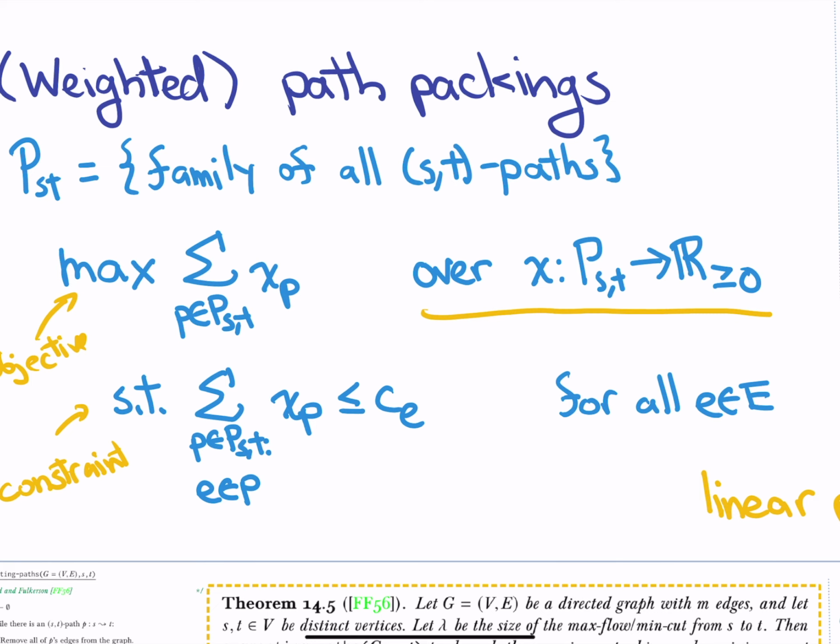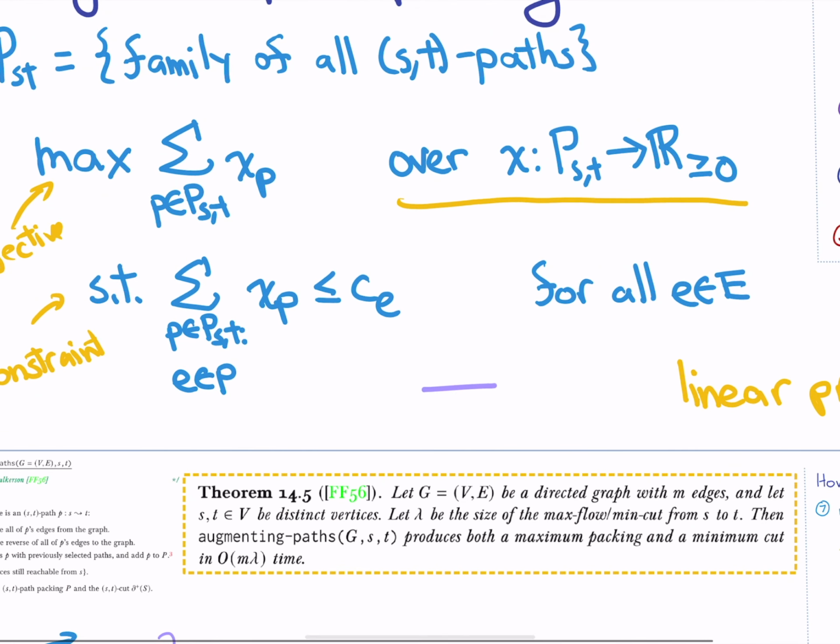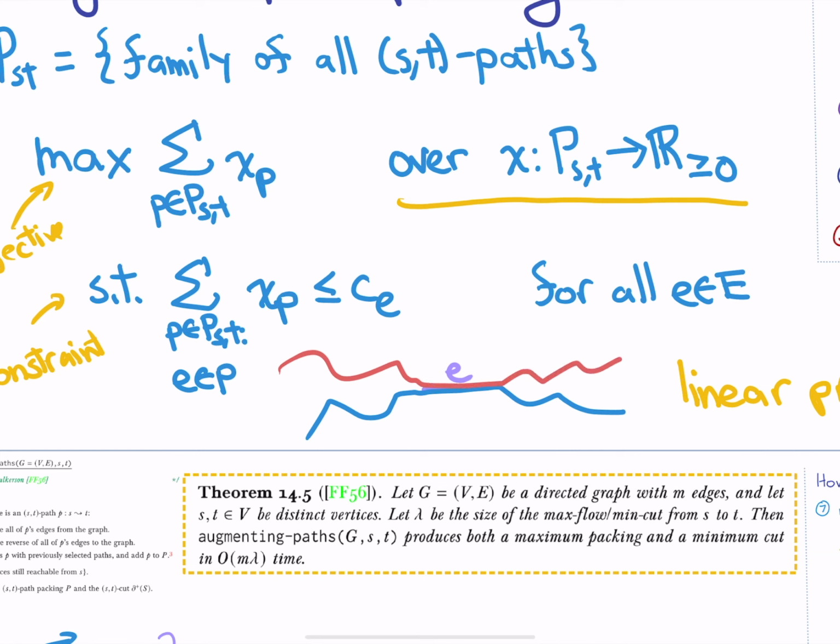Now look at the constraints. So you asked about costs, but let's read off the constraint. The constraint says for each edge E, if I sum up, so I'm fixing on an edge E, right? So I got an edge E, and if I sum up over all the paths that use E, maybe I'm taking 0.5 of this one and 0.1 of this one or something like that, and E has some capacity, okay?